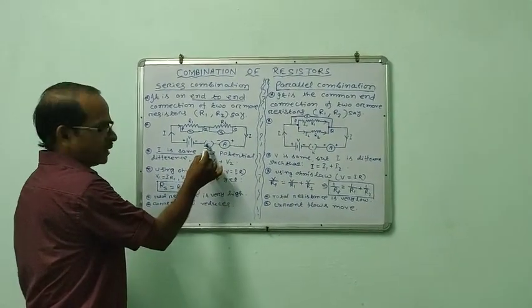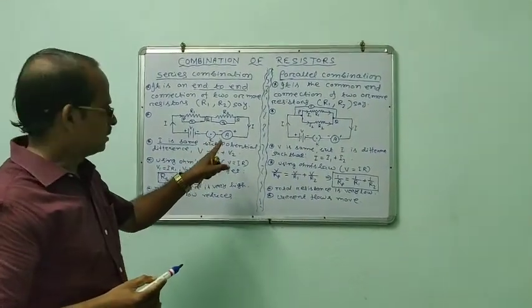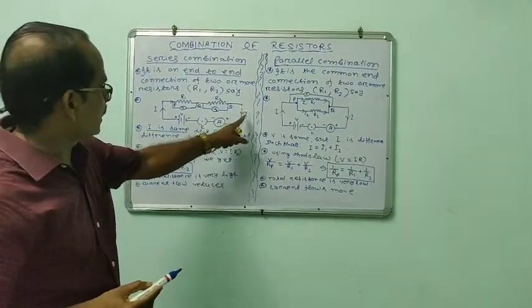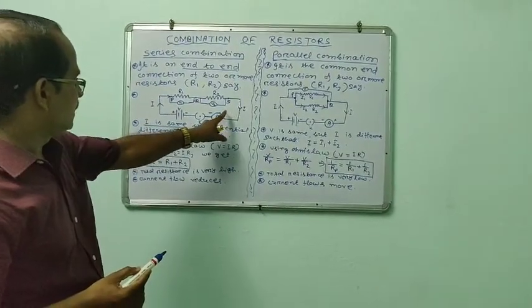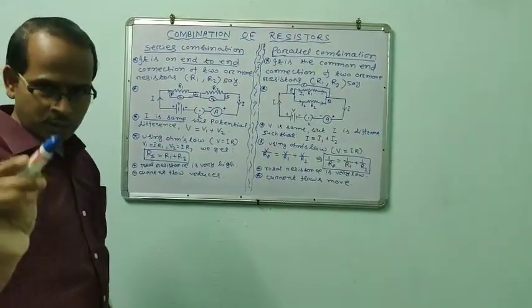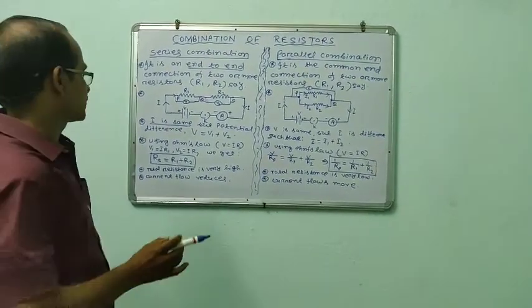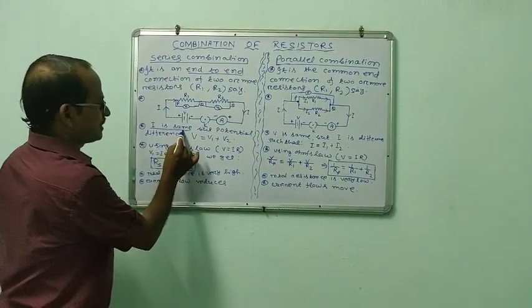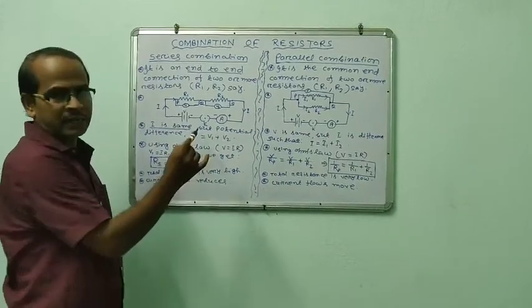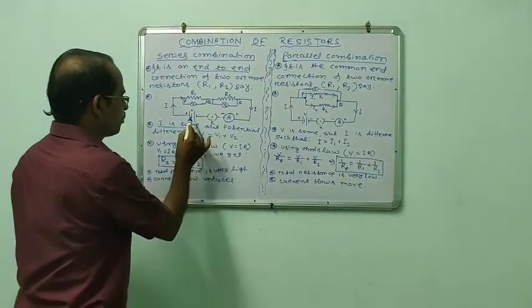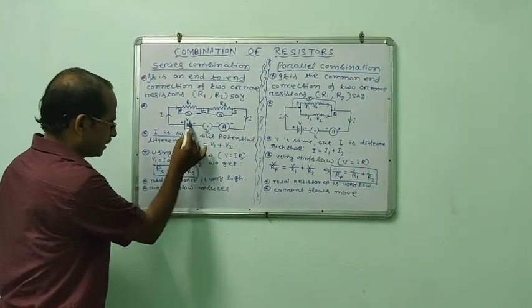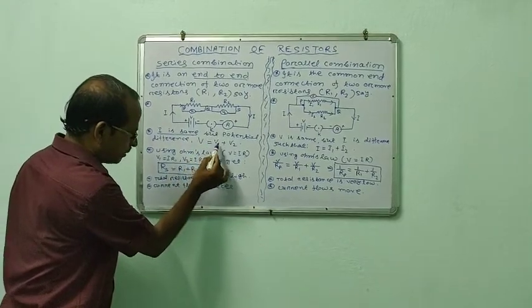When the key is on, the current I will flow through the circuit. As far as the observation and the calculation are concerned, I is the same but the potential difference V is different. So the total potential difference of this battery, V, is equal to V1 plus V2.